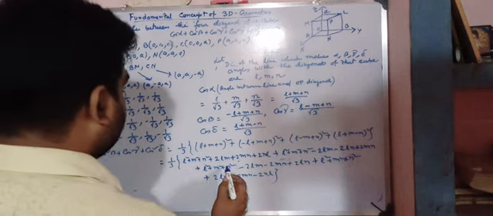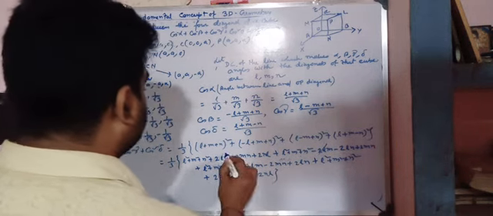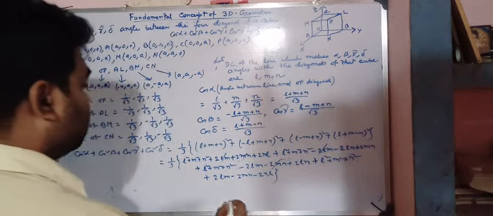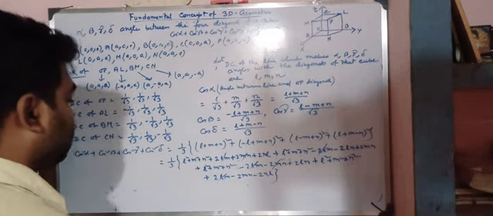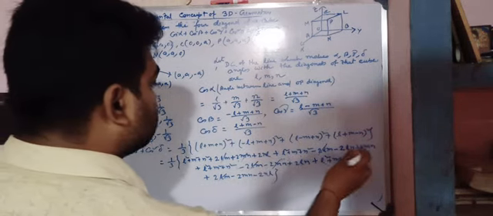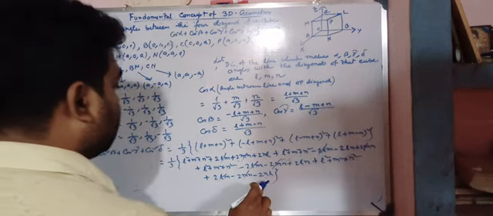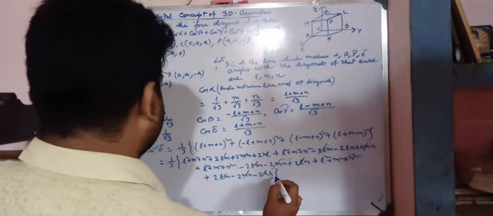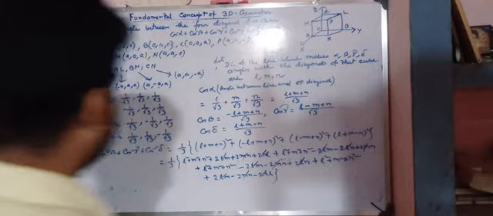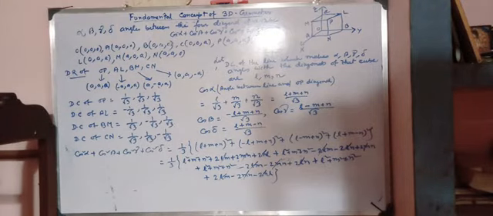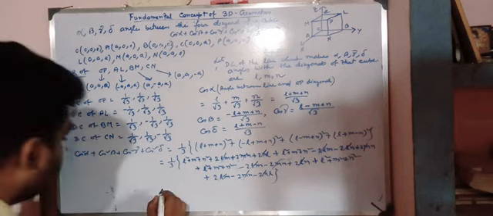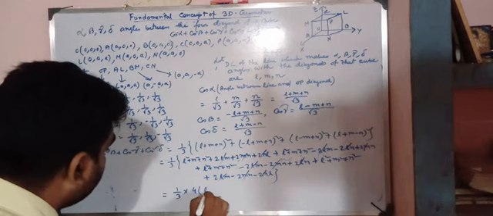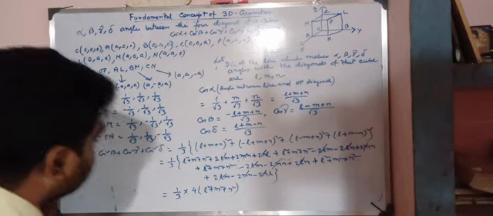Now plus 2LM minus 2LM cancel. Plus 2MN minus 2MN cancel. Plus 2LM also cancels. Plus 2MN minus 2MN cancel. Minus 2NL plus 2NL cancel. Plus and minus terms cancel. So we get 1 by 3 into 4 times (L square plus M square plus N square).